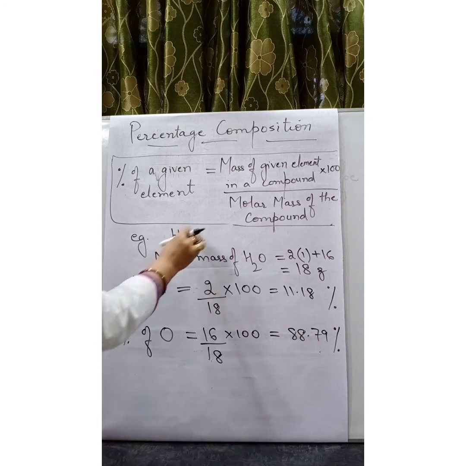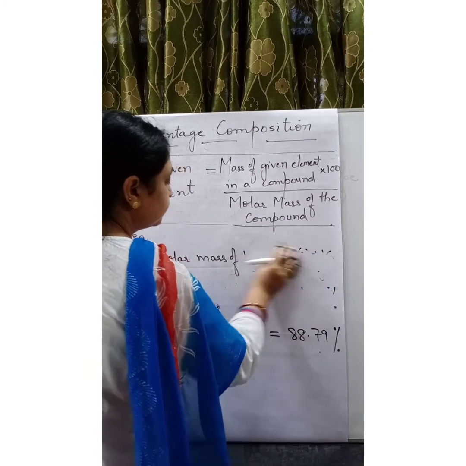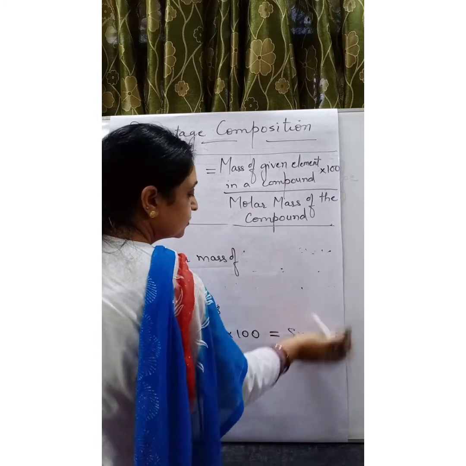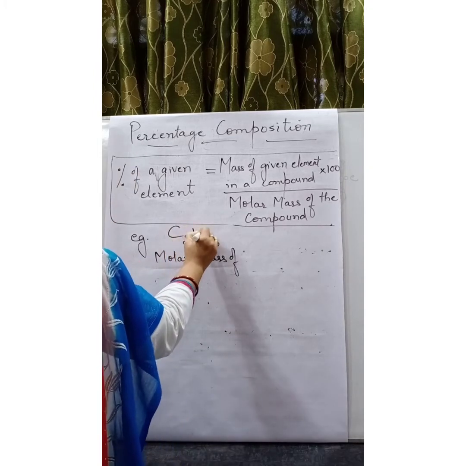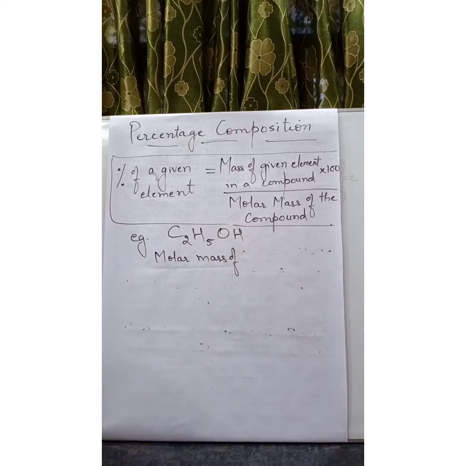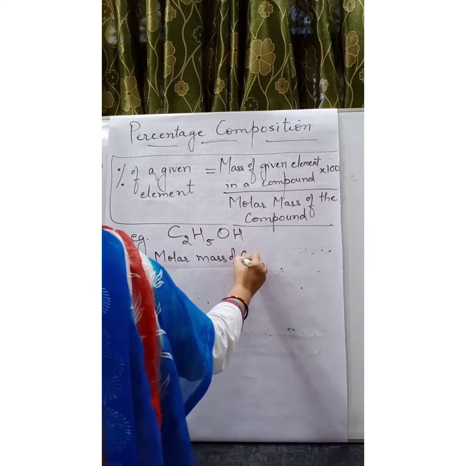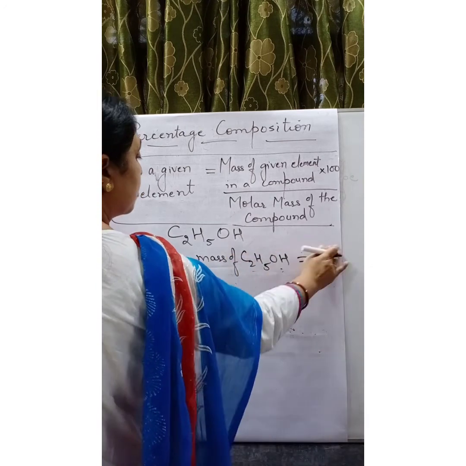Take another example, ethanol, C2H5OH. First of all, I will calculate the molar mass of ethanol. How do we calculate molar mass?